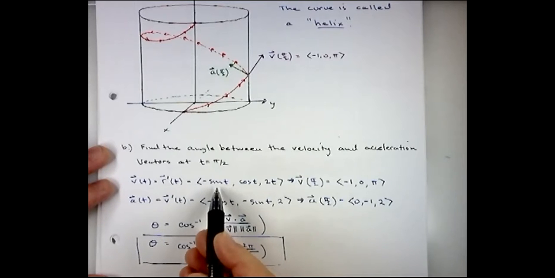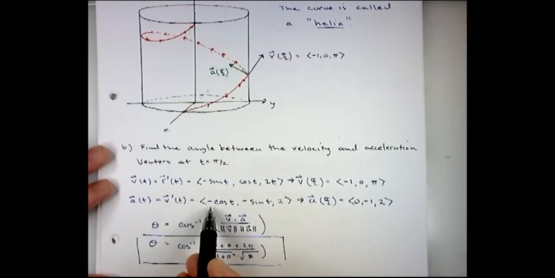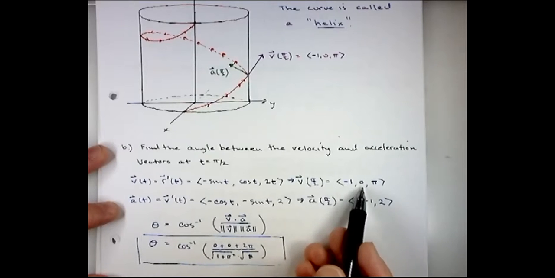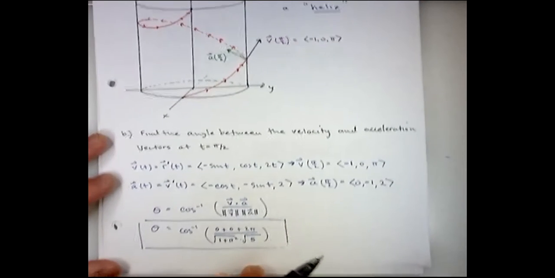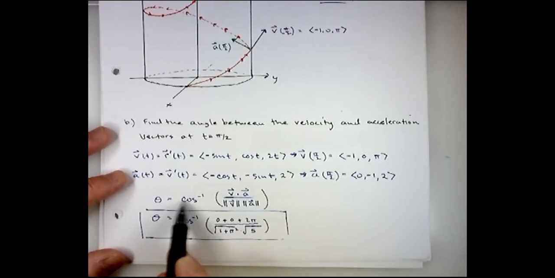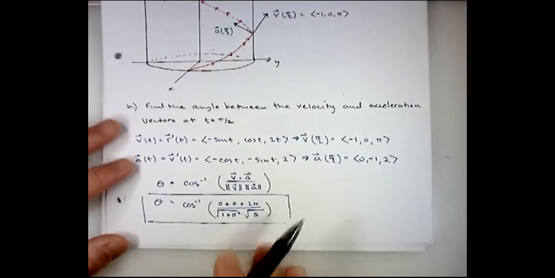So you take the derivative of your position function to find your velocity vector, take the derivative of your velocity vector to find your acceleration vector, evaluate both at pi over 2 to get these two vectors, and recall from Chapter 12, the angle between two vectors can be found as the inverse cosine of the dot product of the two vectors divided by the magnitudes of the two vectors.